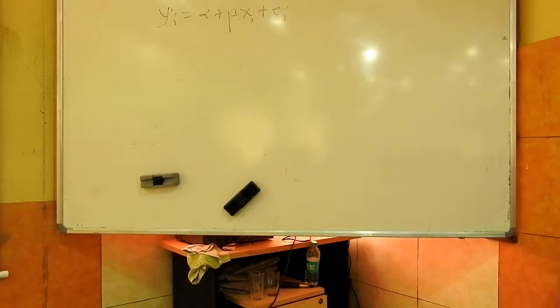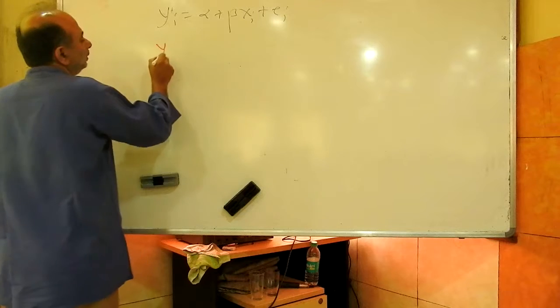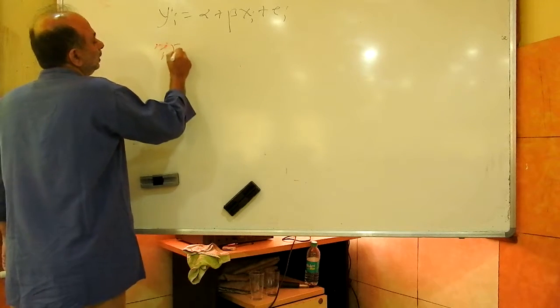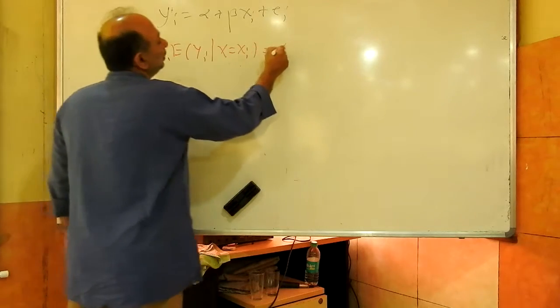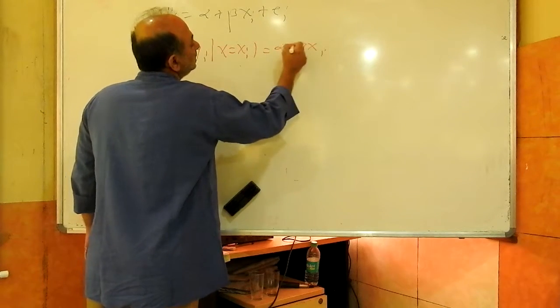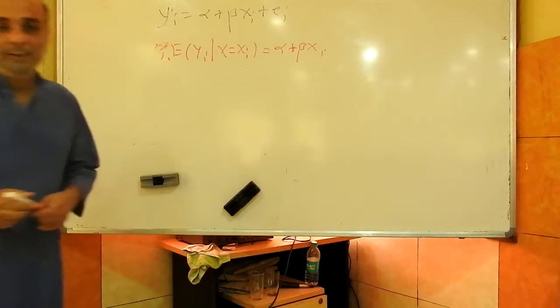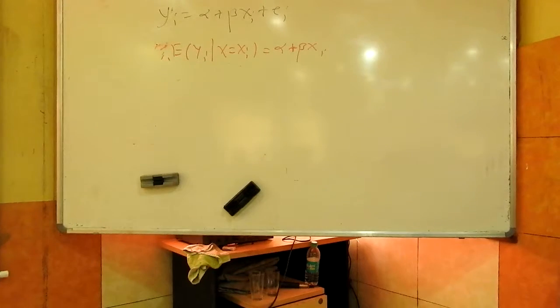Where the conditional mean of yi given x equal to xi is given by alpha plus beta xi. Yeah? And what is ei? Error term. But what do you mean by the error term? It's the difference between where the real data is and what is observed in our model.